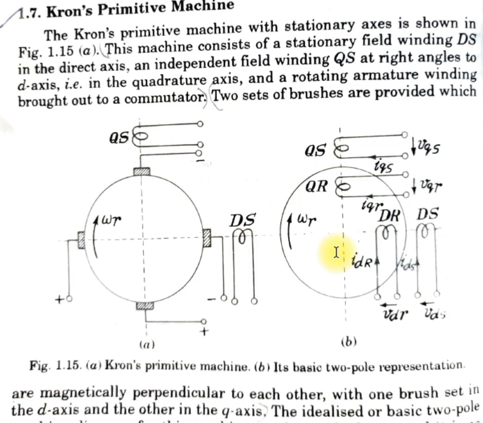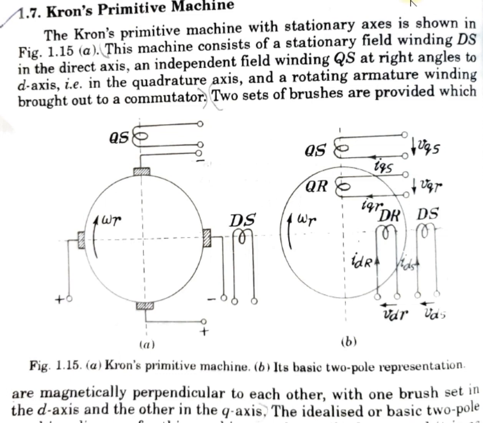The brush axis can also be called the commutator axis, but what if the brushes are rotating? If the brushes are rotating, then the armature flux will also be rotating.